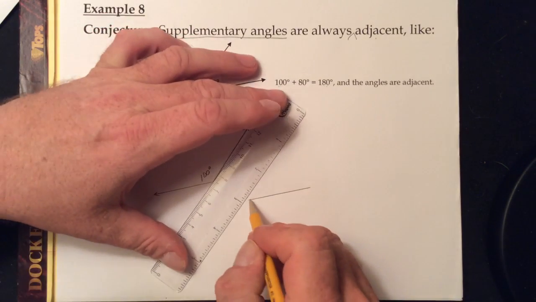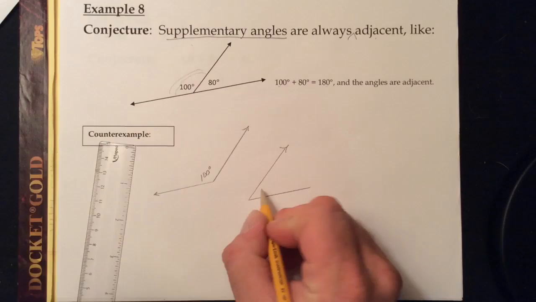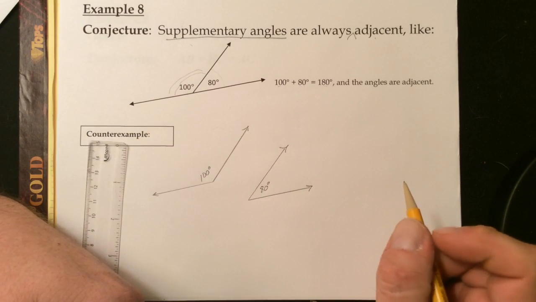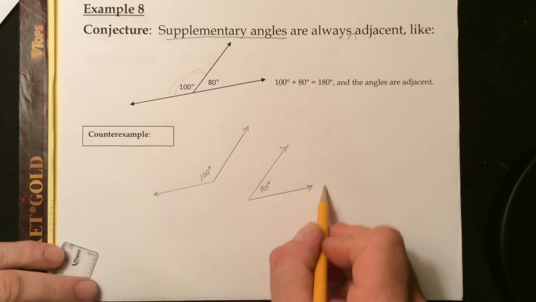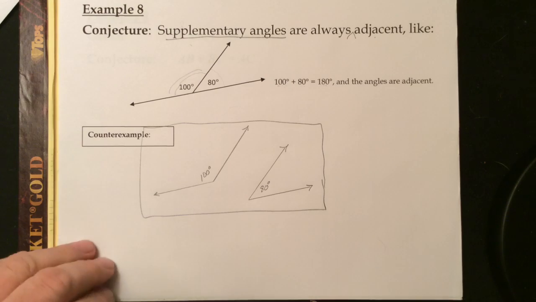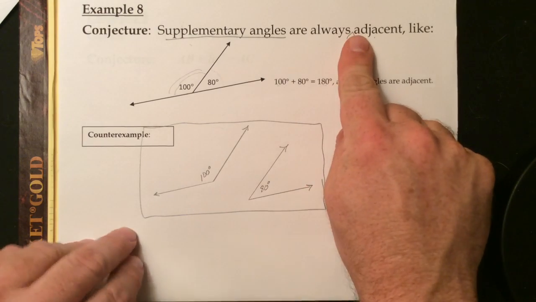In other words, they don't share the same side. So this would be a counterexample to that conjecture, making this a false conjecture.